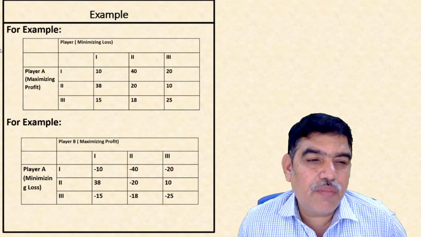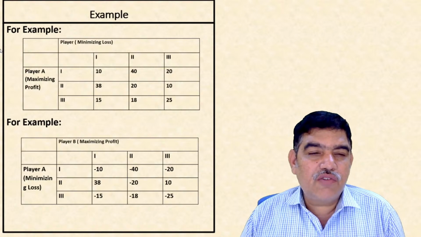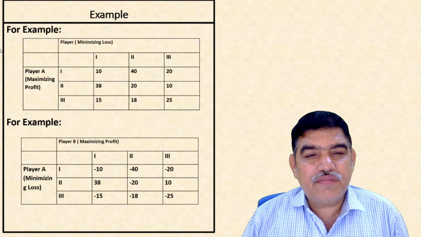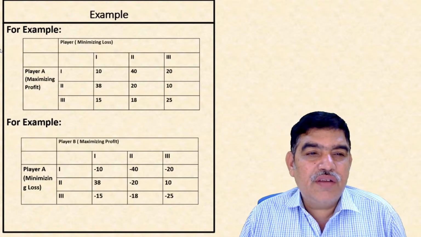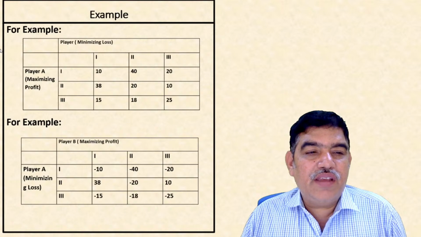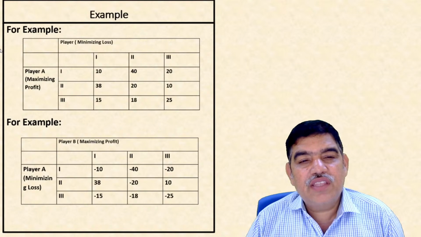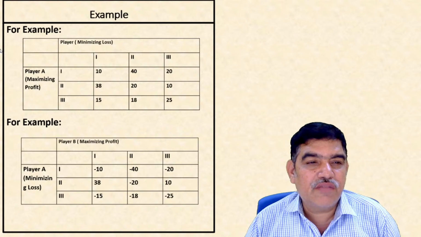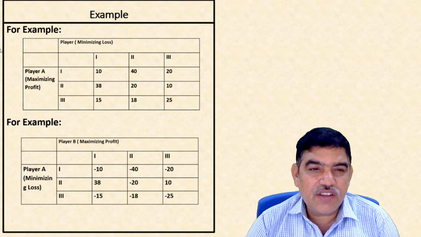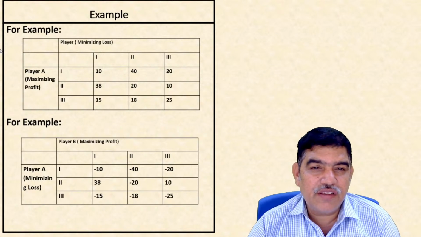For example, there are two players, player A and player B. In the column heading I am writing player B and in the rows player A. So there are three strategies considered by player B and three strategies considered by player A. Let us consider, I am mentioning here 1-1: first strategy for player B and first strategy for player A, I mention 10.